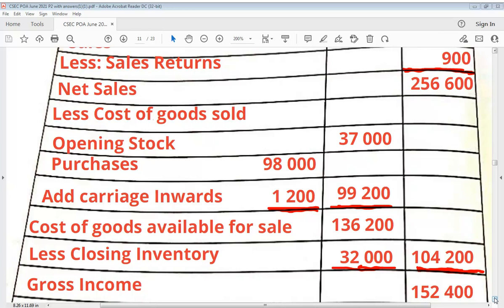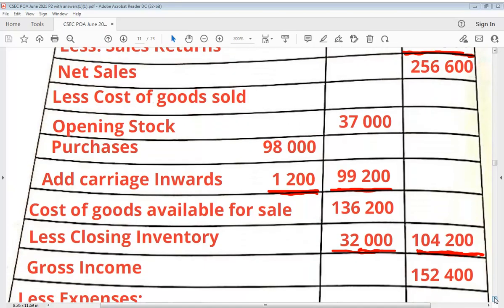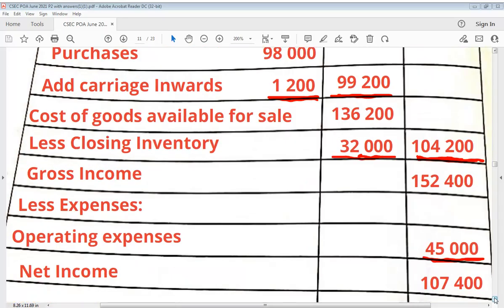What do we do next? We know next, according to our format, is revenues. Were there any revenues provided in the question? No, we didn't see any. So we would now move on to our expenses and we would less our expenses. There was only one that they gave us, operating expenses, and that's $45,000.